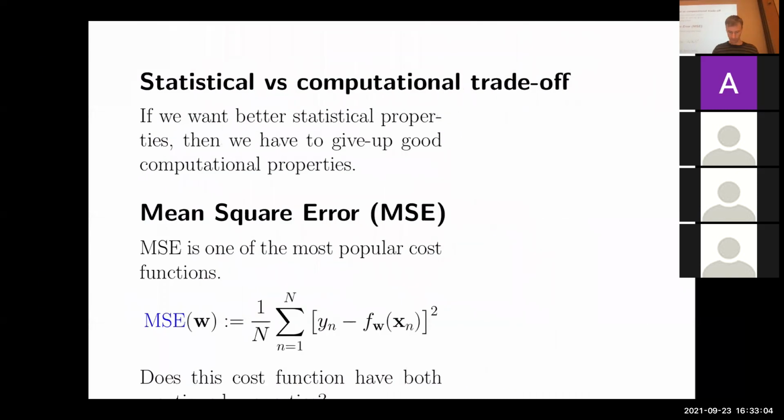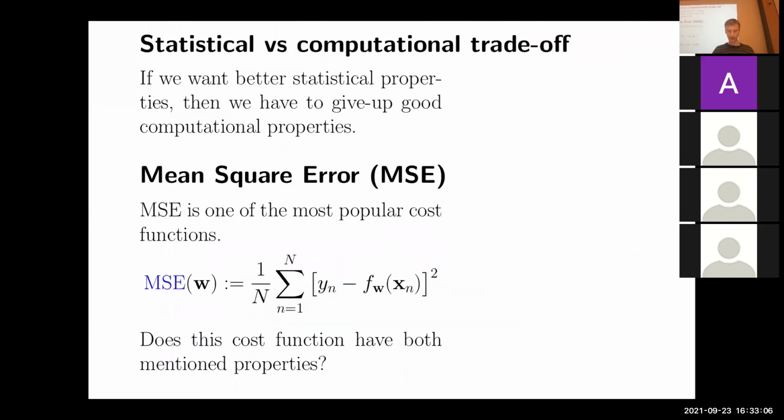So what we will do is discuss a bunch of cost functions which are very widely used. You probably know them already, but now you will maybe see them from a slightly different perspective to say what they are good for and why they are good for machine learning for some regression application.